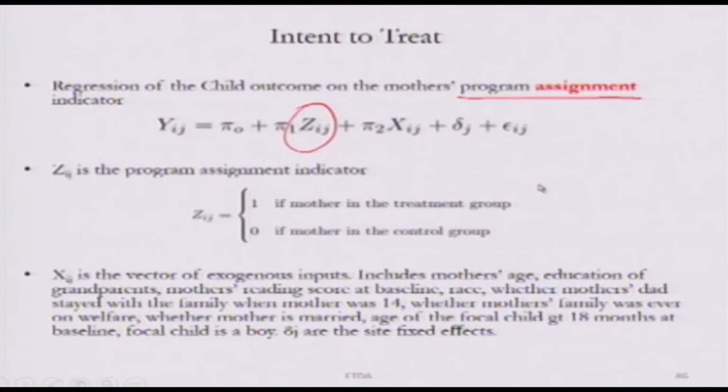Now, this one of course is not giving you the treatment on the treated, but this is giving you something else, the ITT, the intention to treat effect, because this is what I intended the mothers to participate in the program, but they actually did not. So, that is why this pi 1 is called the intention to treat, although of course because Zij is random, pi 1 is going to be unbiased.